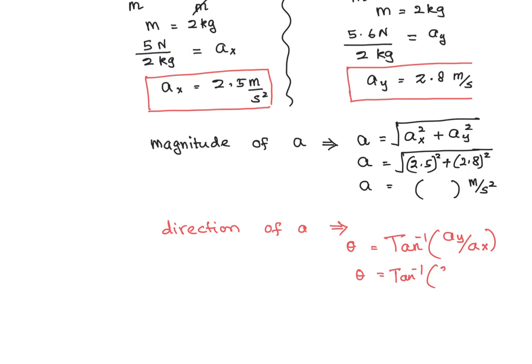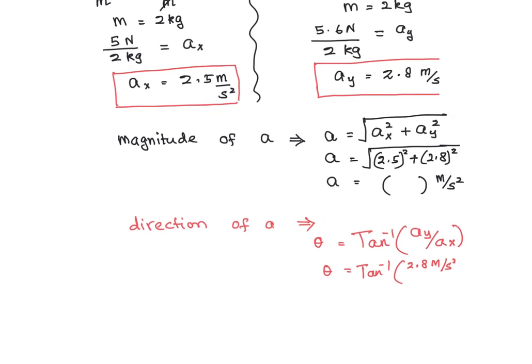Ay is 2.8 meter per second square, and ax equals 2.5 meter per second square, and you can find the answer for theta in degrees or in radians. So let me click that. There you go.